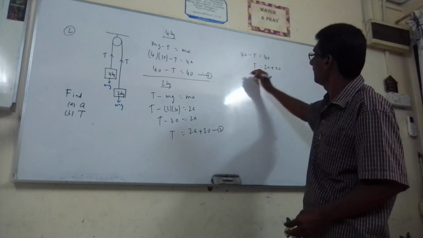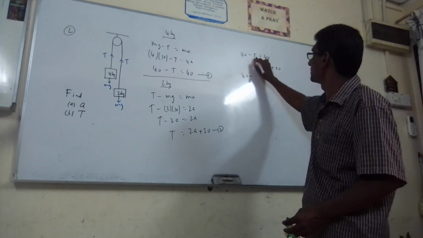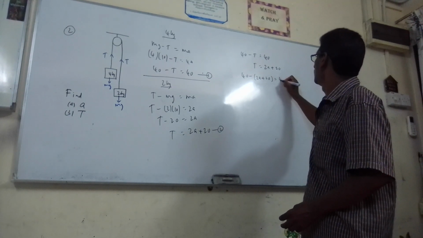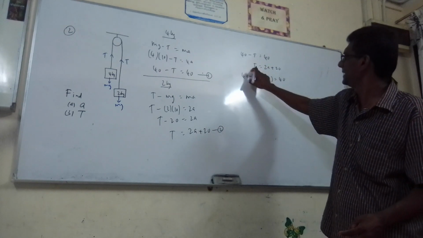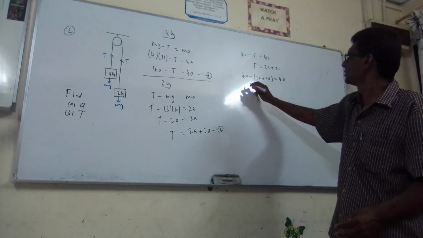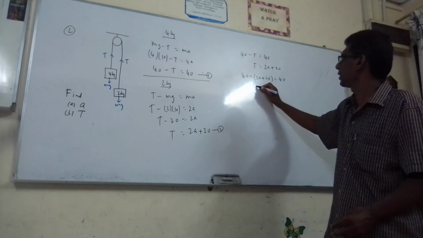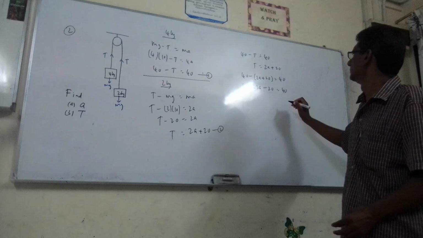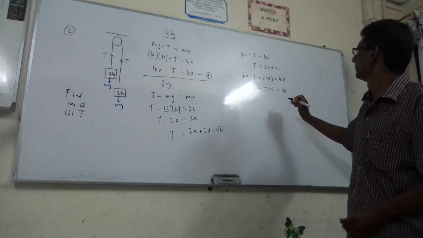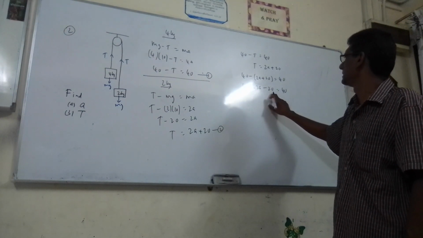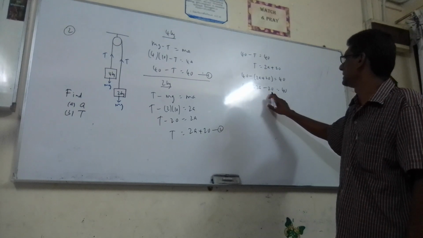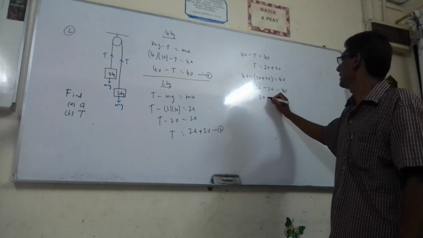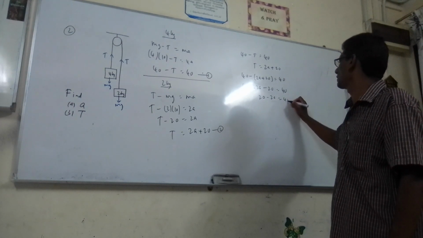You replace the T here: 40 minus (2a plus 20) equals 4a. So 40 minus 20 minus 2a equals 4a, which gives 20 minus 2a equals 4a.